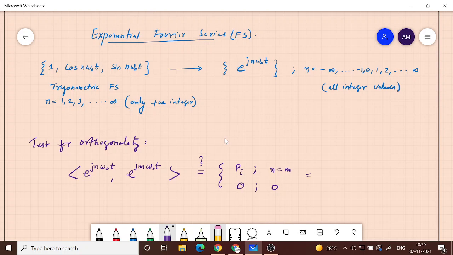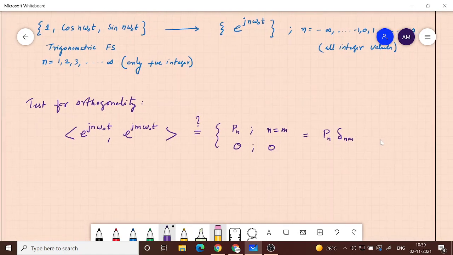In other words, P n delta n m. Is this clear? This is what we need to test.